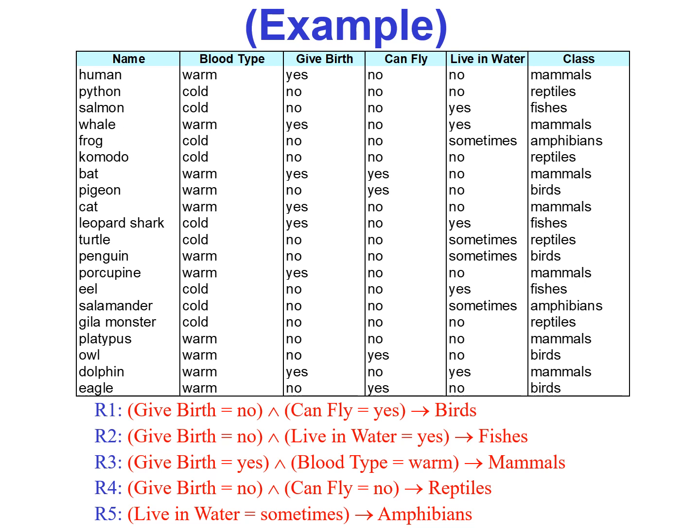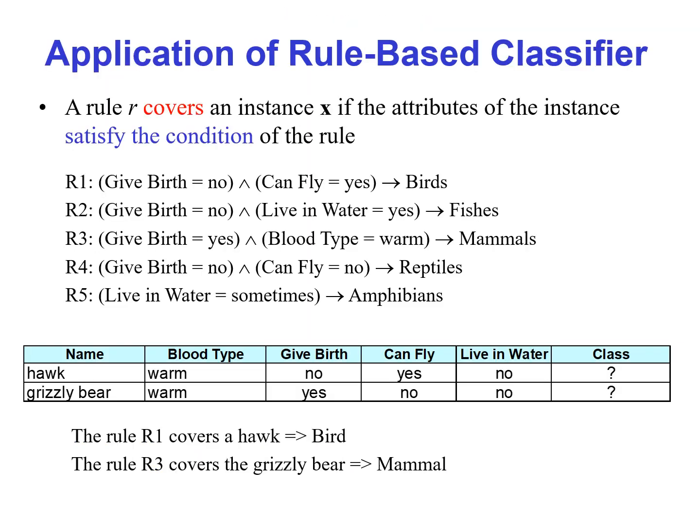Give birth no, can fly no, then we can say it's reptiles. And live in water sometimes means amphibians, because they live in both water and land. These are the rules we are creating. Then when a new instance comes, by applying these rules we can classify it. This is what happens in a rule-based classifier.